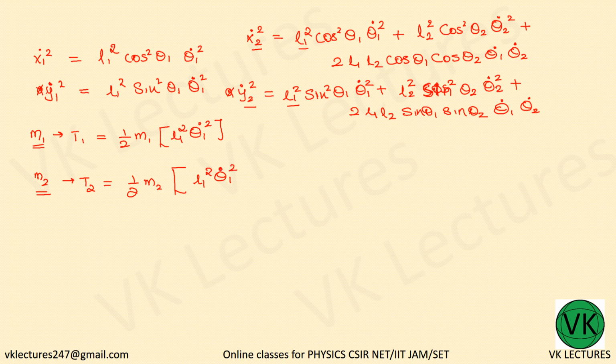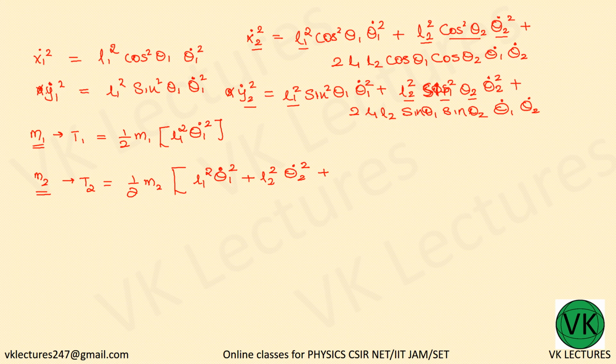plus, now considering L2 squared cos squared theta 2 dot squared and L2 squared sine squared theta 2 dot squared, it becomes L2 squared theta 2 dot squared, plus here we have 2 L1 L2 cos theta 1 cos theta 2 theta 1 dot theta 2 dot.